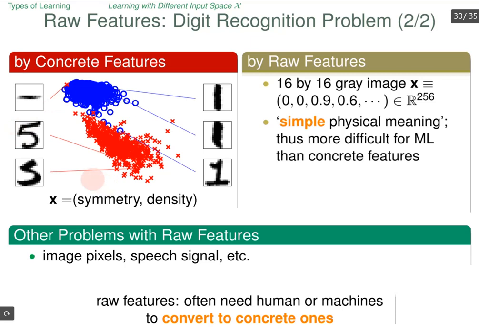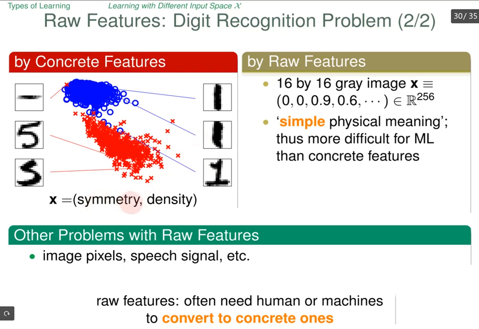Okay, so we can extract these features from raw features, where raw features, for instance, in a 16 by 16 gray image are normalized values that range between 0 and 1, corresponding to brightness, and we convert them into concrete features.